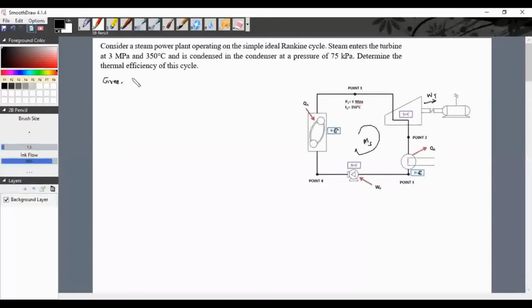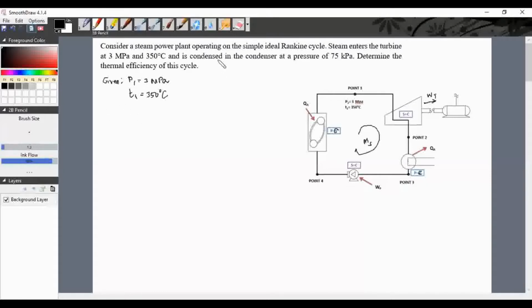Okay, so we have steam enters the turbine, point 1 yan, no? Papasok sa turbina. So we have P1 of 3 megapascals and T1 of 350 degrees Celsius.